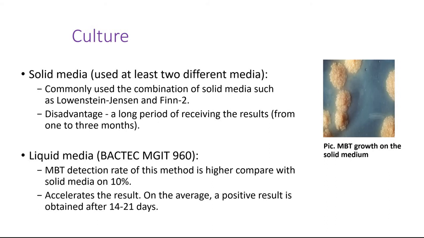Commonly used is a combination of solid media such as Lowenstein-Jensen and Finn-2. The disadvantage of this method is a long period of receiving the results, from 1 to 3 months. And the second type of culture is liquid media, BACTEC MGIT 960.